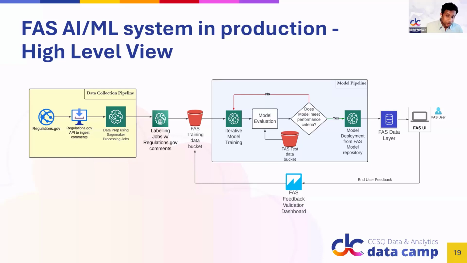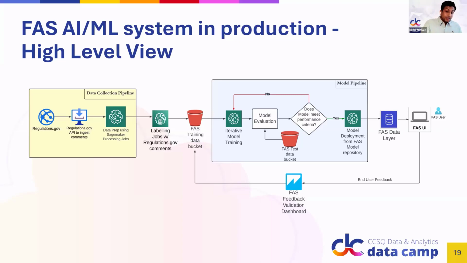Or if you go for batch processing, once you complete your batch processing jobs, your data can feed into a data layer, which is consumed by a UI. Now, as we mentioned in the previous slide, the UI has a feedback mechanism in place. But one thing we did realize during development was that directly using that feedback in your model training isn't the best idea, because it could happen that there is a certain prediction, but two users have different opinions about it.